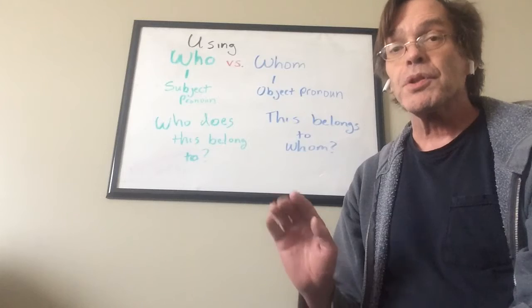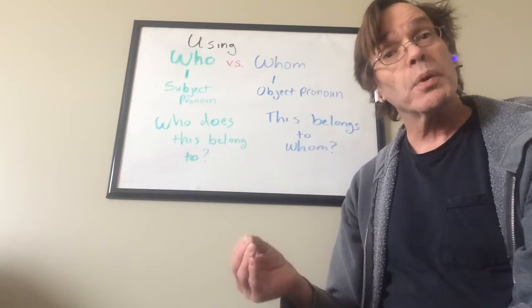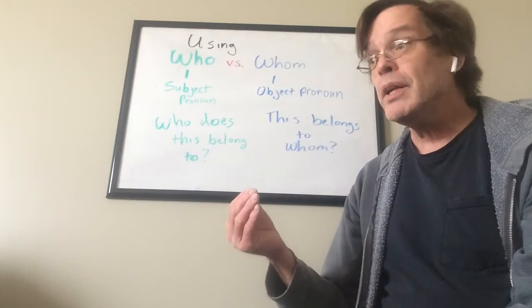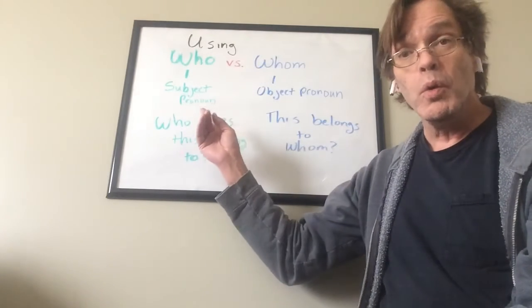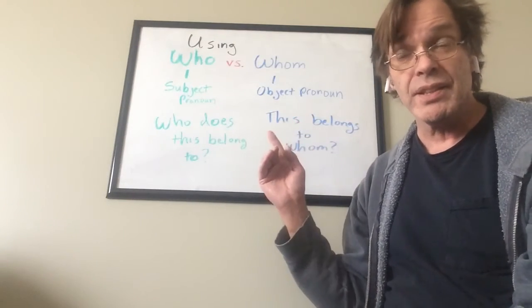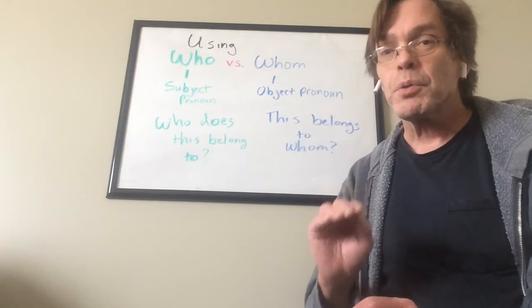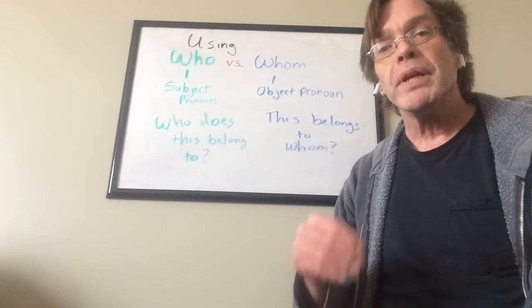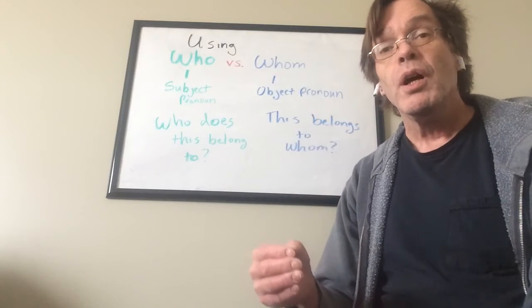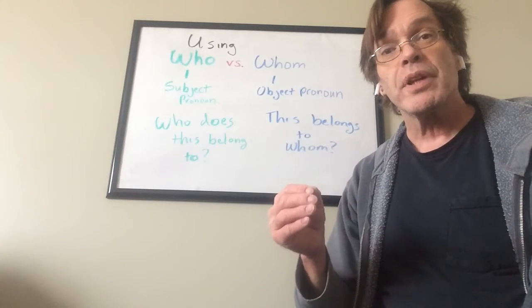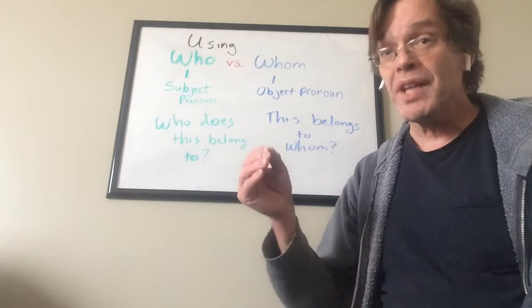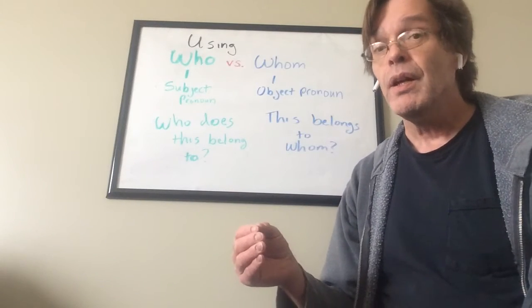Native speakers have a little trick that they can use to determine if they should use who or whom in a sentence. This trick will not help everyone learning English, because to use this, you need to understand when to use he and when to use him in a sentence.